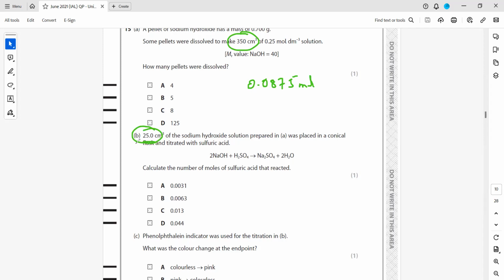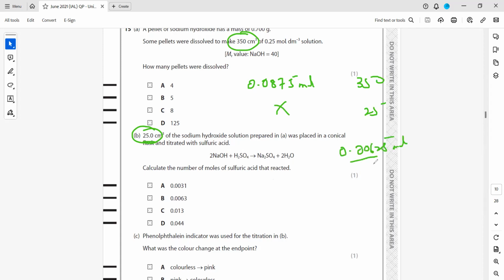But we only took out 25. So 350 contained this many moles. If we just took out 25, how many moles of sodium hydroxide will be there? X. So it will be multiplied by 25 and divided by 350. So the moles of sodium hydroxide which we are using for the experiment are 0.00625.